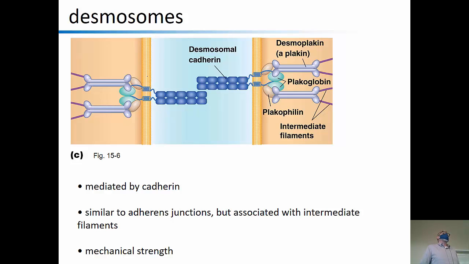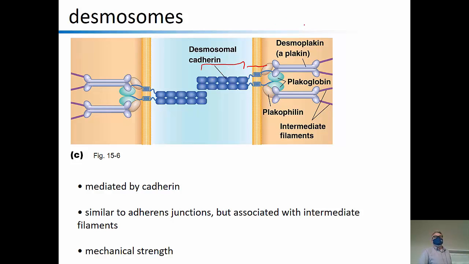Desmosomes, these serve as what they sometimes call spot welds. So instead of being a band, they're localized to a smaller location. They're mediated by desmosomal cadherin, which again functions in exactly the same way. A transmembrane protein, okay, with these repeats in the extracellular region that interact with each other.